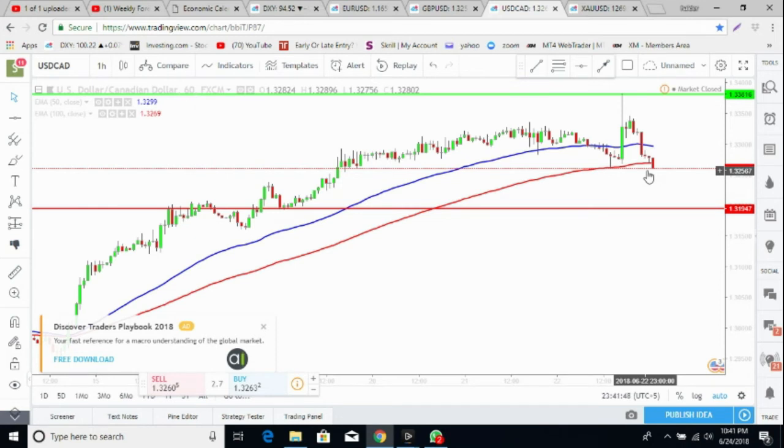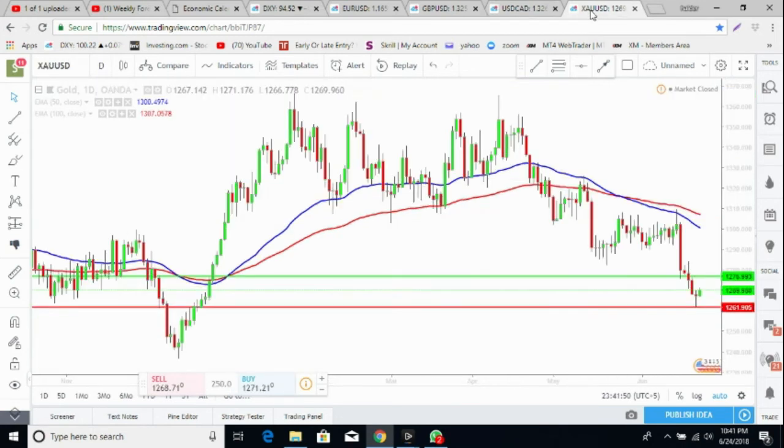Our last pair is gold, and though on the daily it looks a little bit better, as we see on the weekly it's very weak. So I will stay away from gold for a couple of days unless I see a clear break of 1.276 and above.